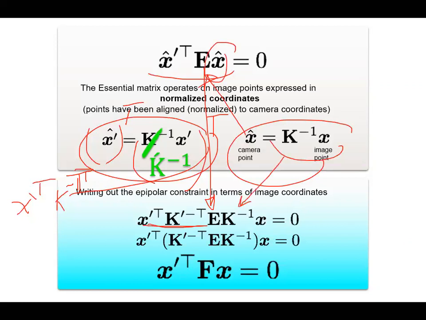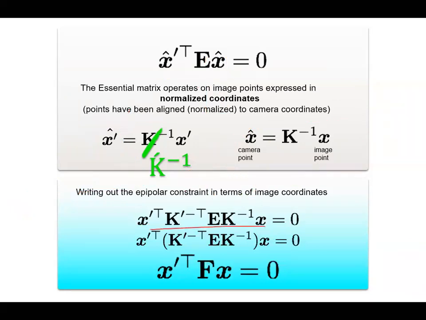Do you know that (AB) transpose is equal to B transpose A transpose? If you don't know, this is the case. So plug everything here. I have the X dash, I have the X, and the matrix E is multiplied by K dash minus transpose, and then K inverse. Basically, this is what we call the F matrix.